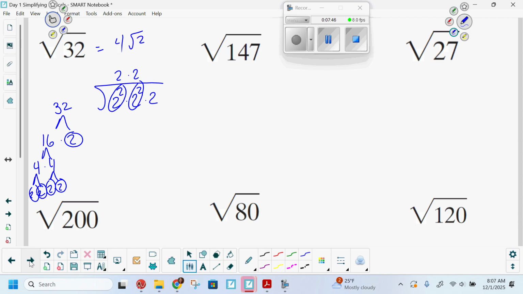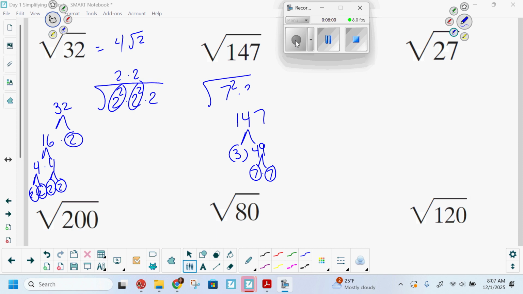All right, 147. So we got 3 and 49. This will be 7 times 7. So I have the square root of 7 squared times 3. So out comes a 7. So this is 7 radical 3.